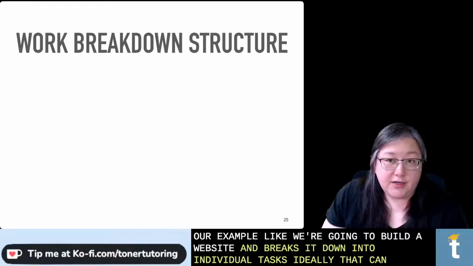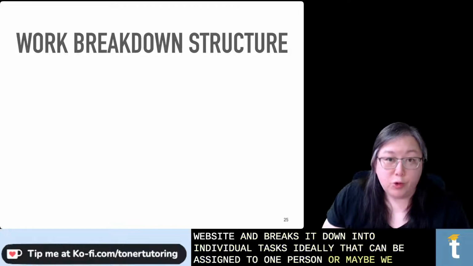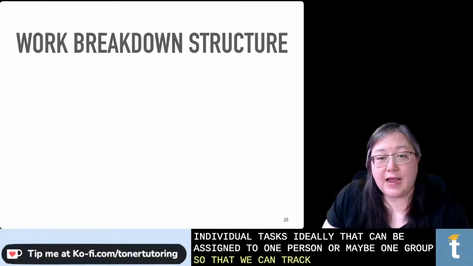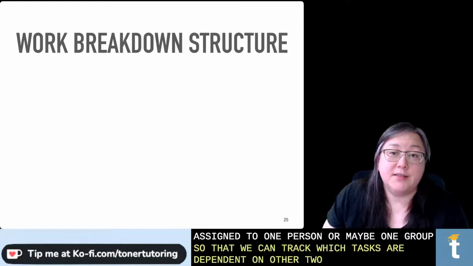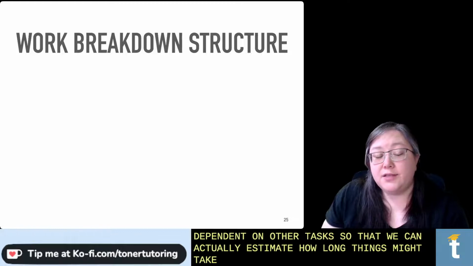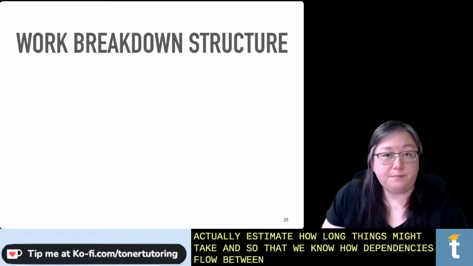Ideally, each can be assigned to one person or maybe one group, so that we can track which tasks are dependent on other tasks, so that we can actually estimate how long things might take, and so that we know how dependencies flow between tasks.